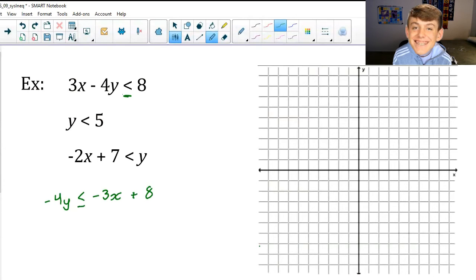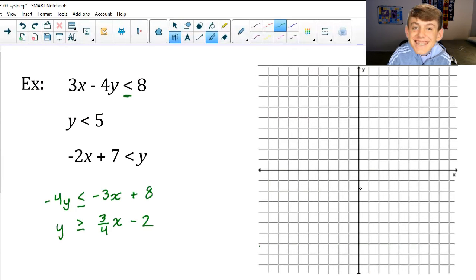Divide both sides by -4. That'll change the direction of the inequality. -3 divided by -4, positive 3/4. Positive 8 divided by -4, -2.